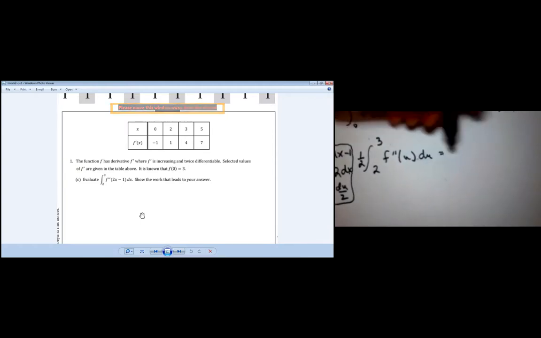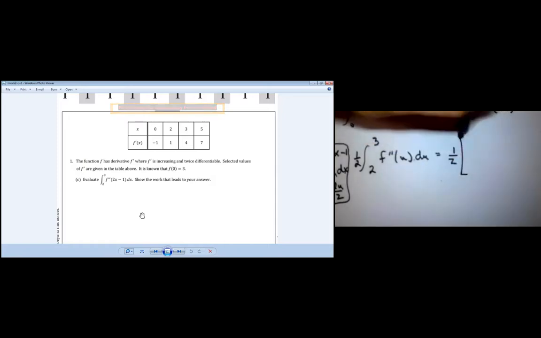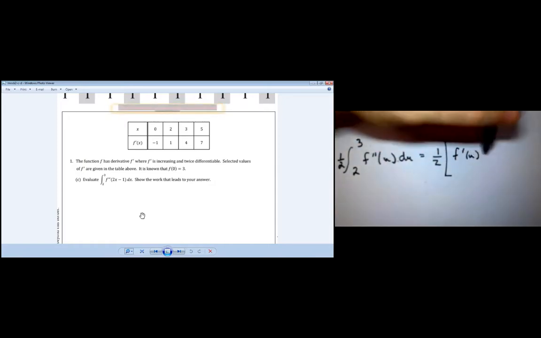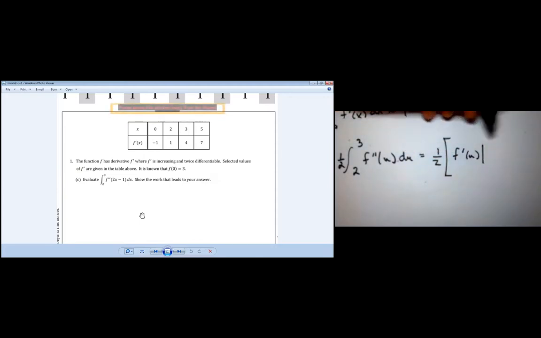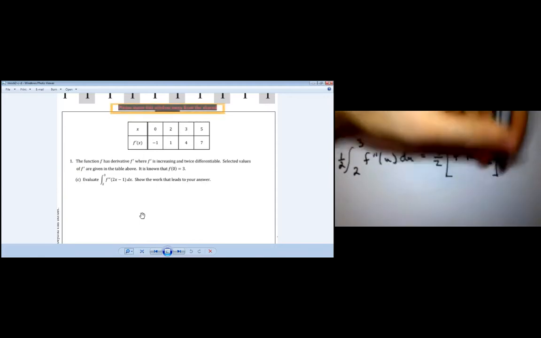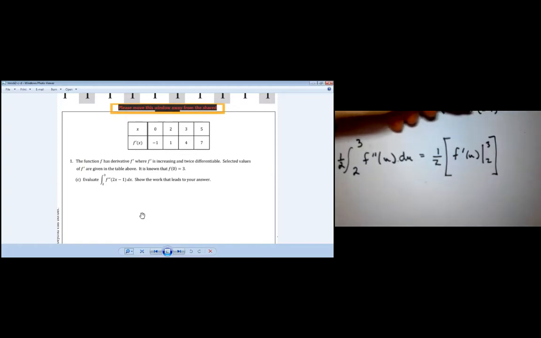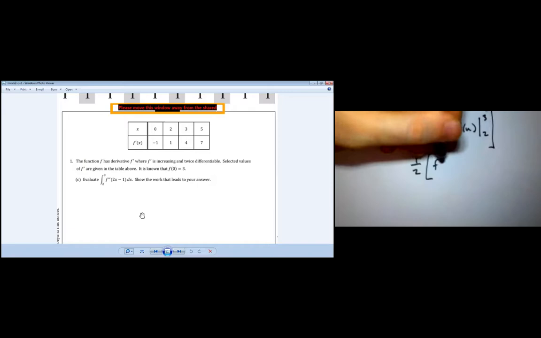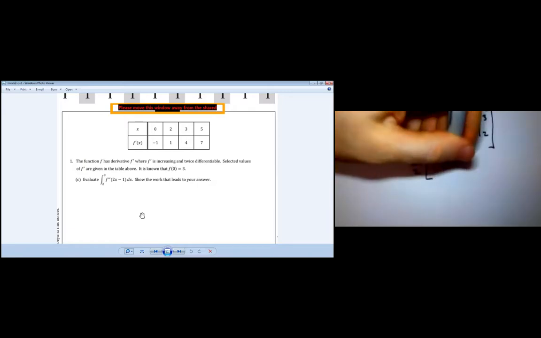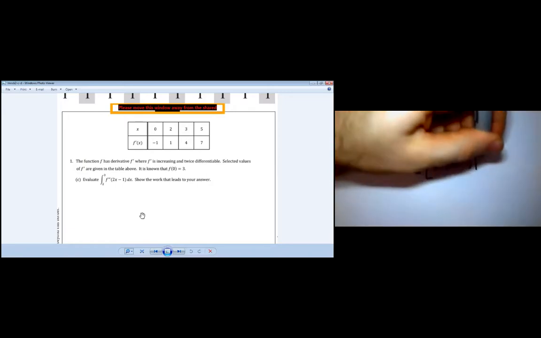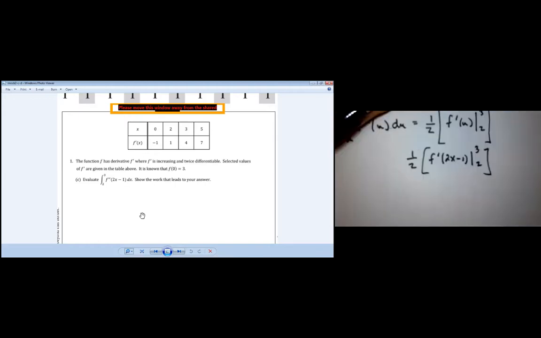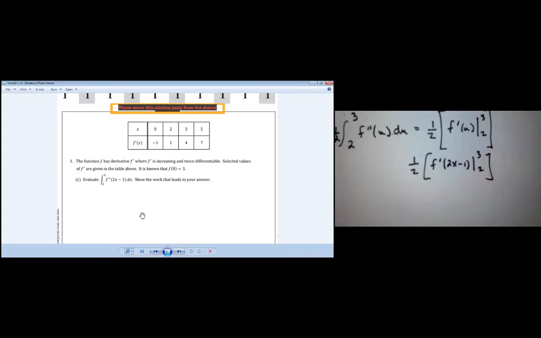So this is 1/2, keep that separated, f prime of u from 2 to 3. Now we need to plug in for u. So this is 1/2 f prime of 2x minus 1 from 2 to 3, or 3 to 2, whatever. Any questions to that point?